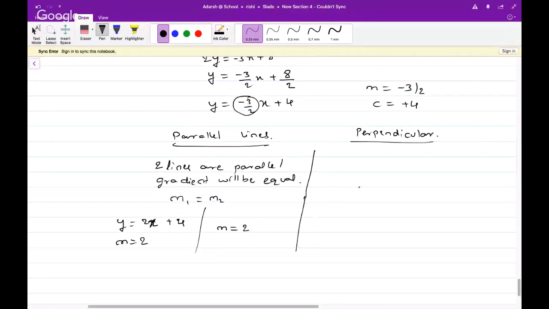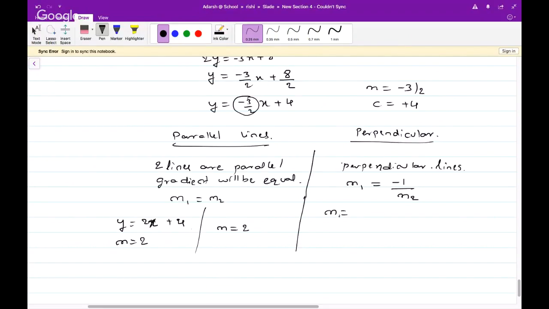Now what happens if the two lines are perpendicular? The condition is, when the two lines are perpendicular, the gradients are negative reciprocals.